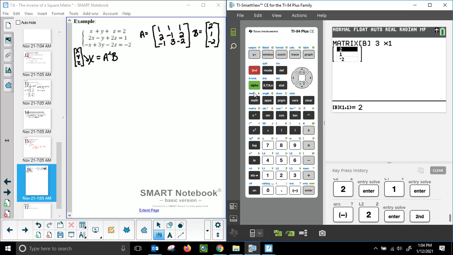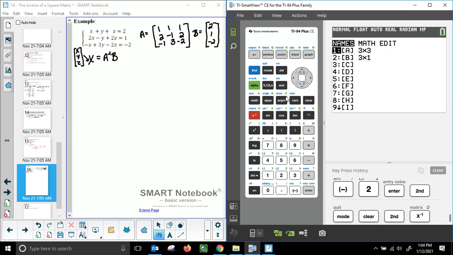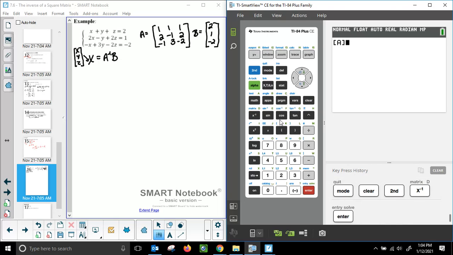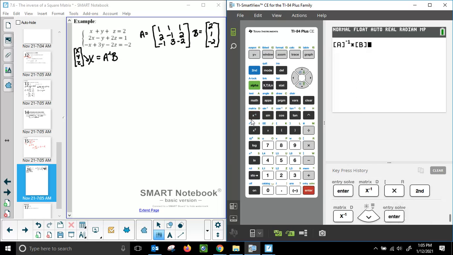Now if we quit back out to our main screen, we hit enter on matrix A. We can hit x to the negative first power there to make that A inverse. And then we're simply multiplying that by, go back to our matrix menu, go down to matrix B, hit enter there. So A inverse B, and it gives us -3, 1, 4.